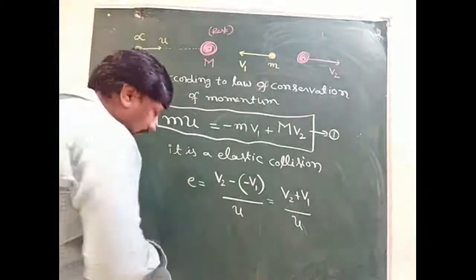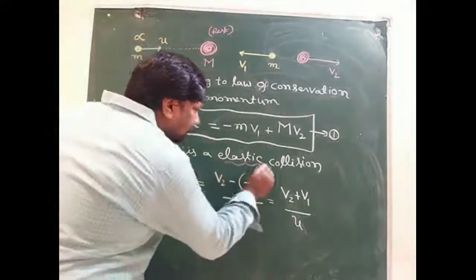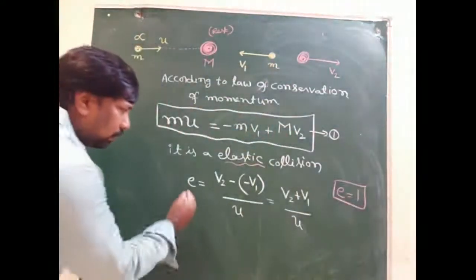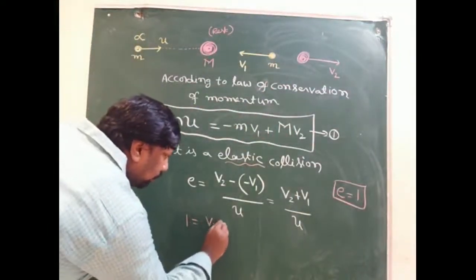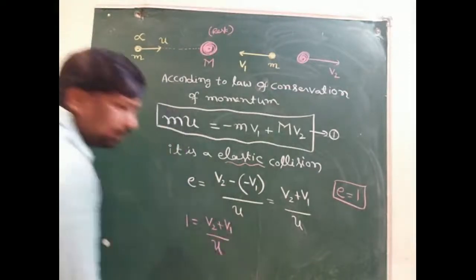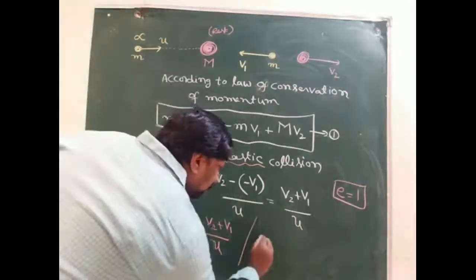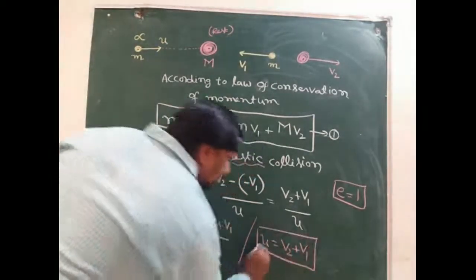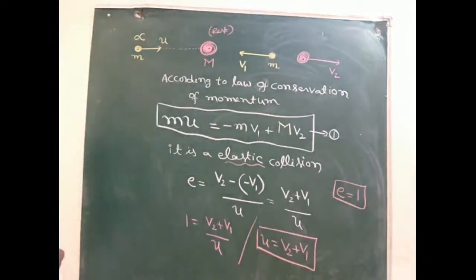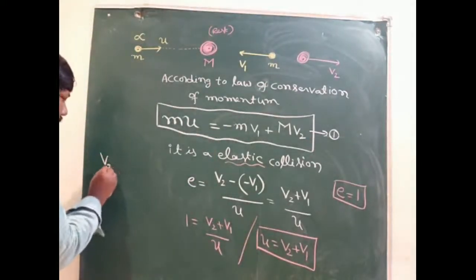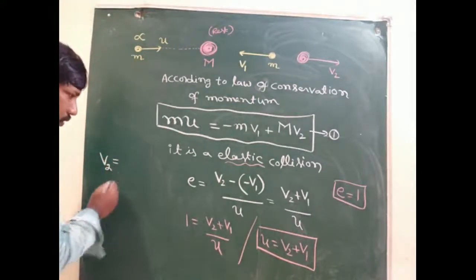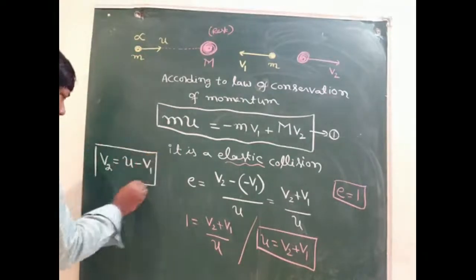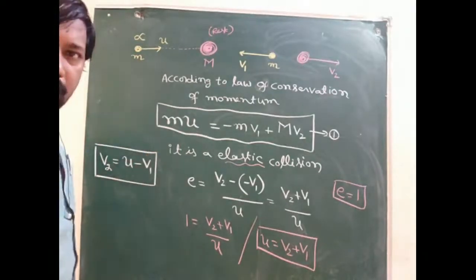According to an elastic collision, the coefficient of restitution is 1. So 1 equals V2 plus V1 by U, therefore U equals V2 plus V1, so V2 equals U minus V1. This is equation A.